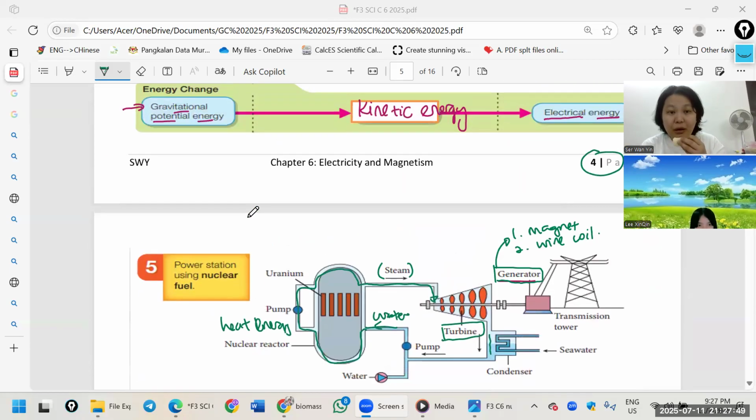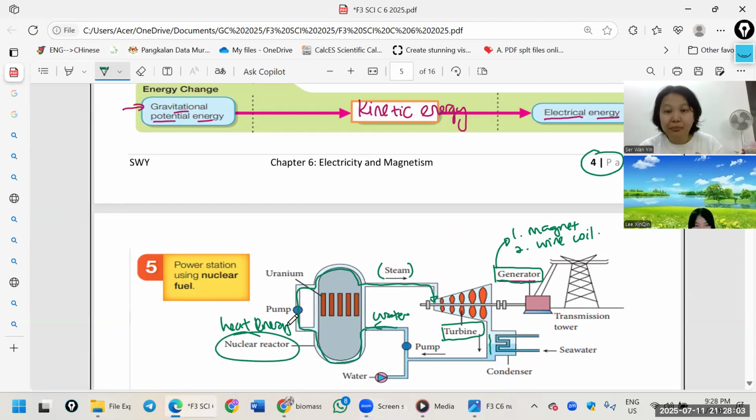Right, nuclear power plant, Kimberly. The first one is nuclear energy, and the second one is heat energy. Then kinetic energy, and last one, electrical energy.